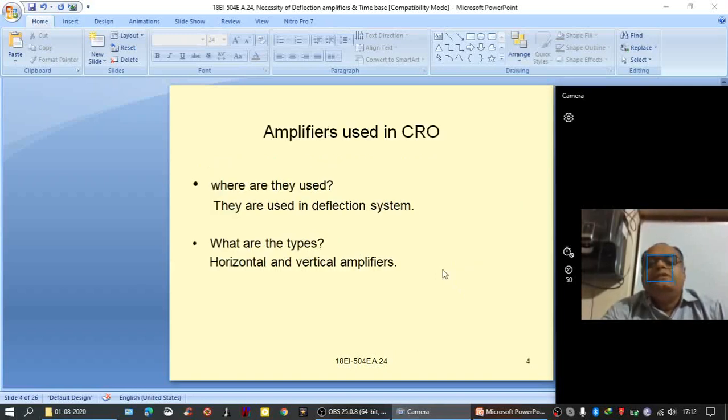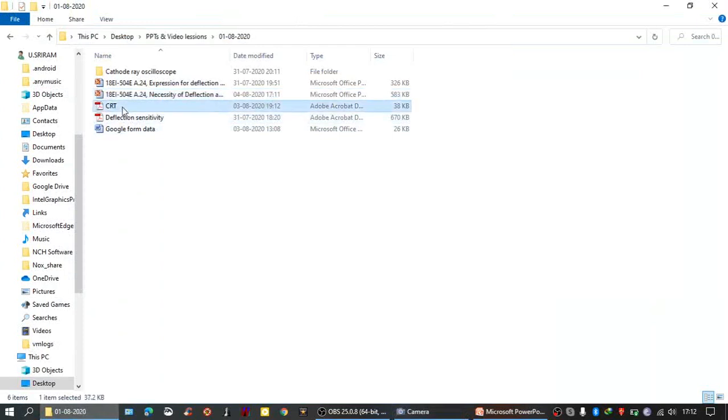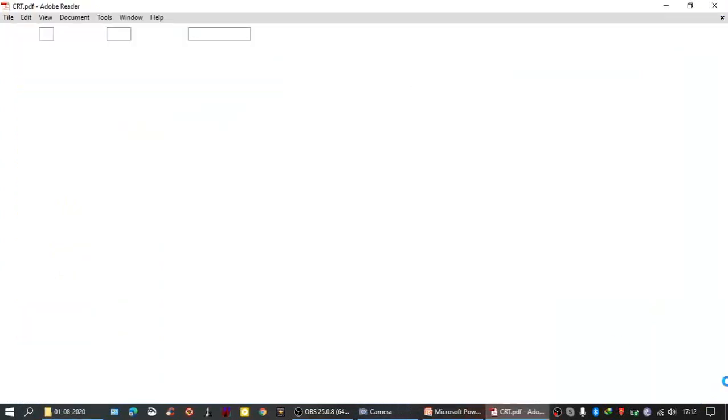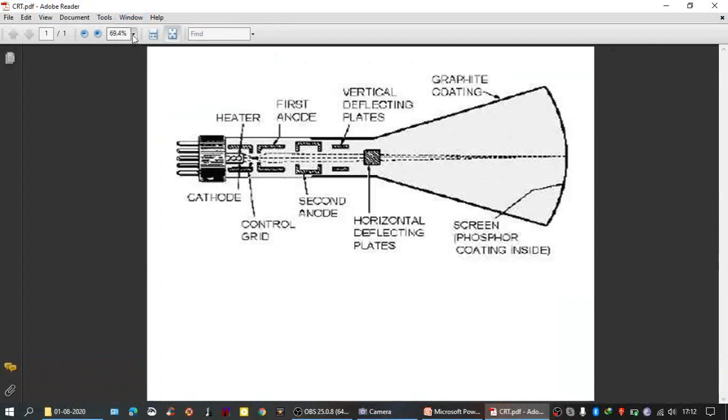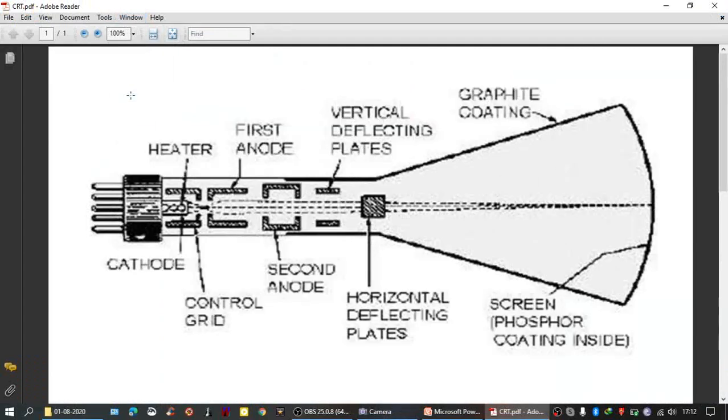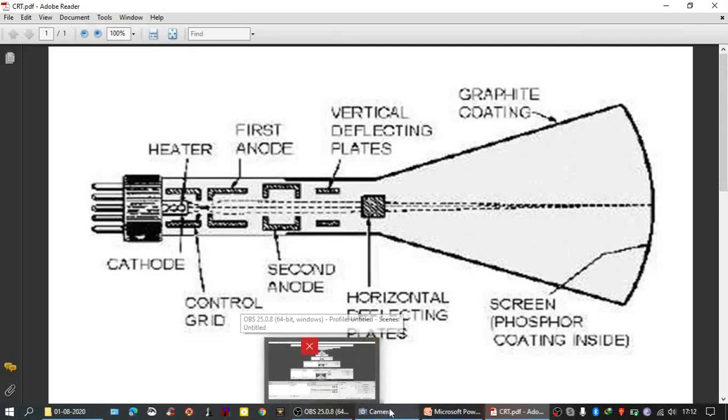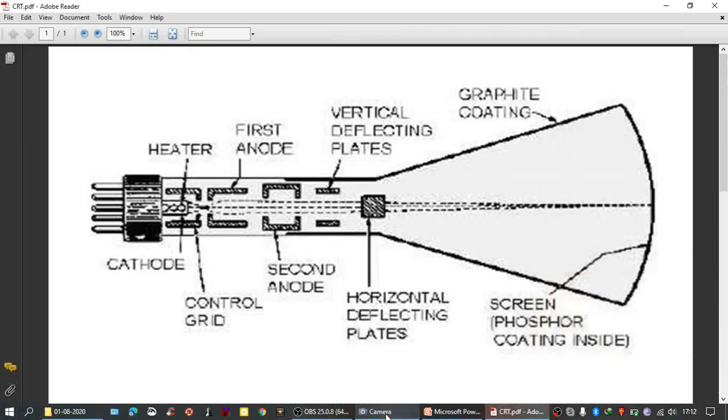Basically, CRT is the heart of CRO, and CRT mainly consists of a heater element and a cathode, a control grid.